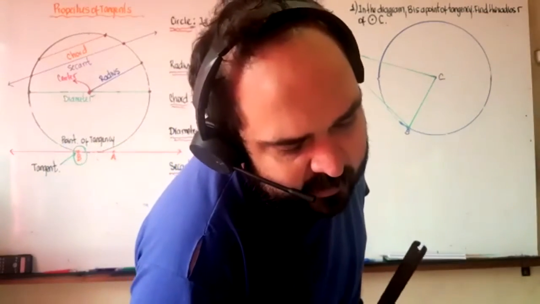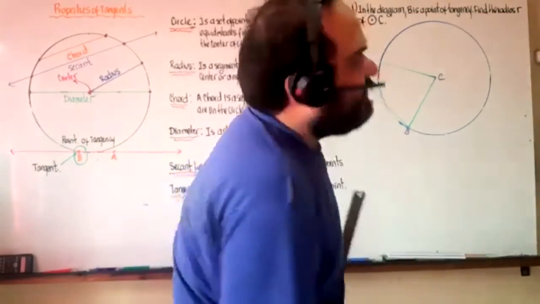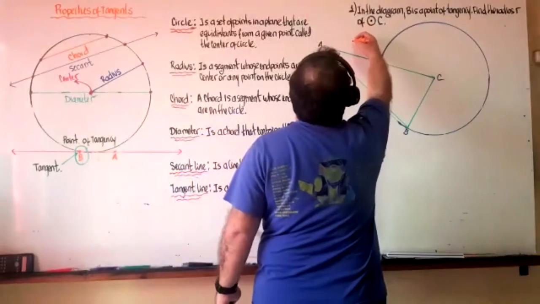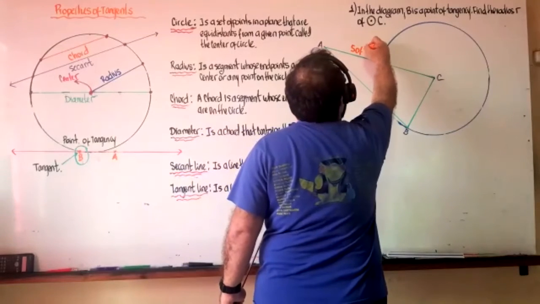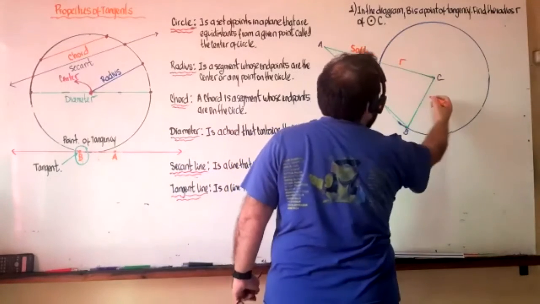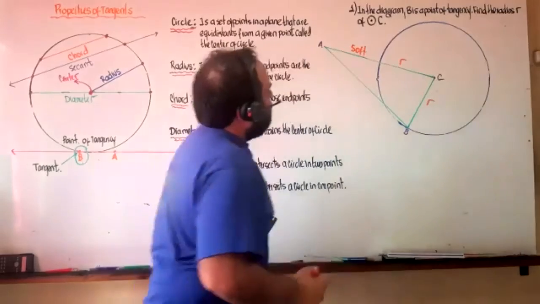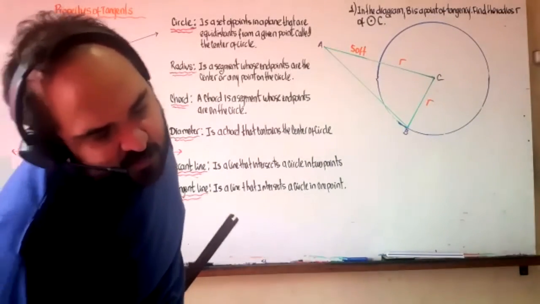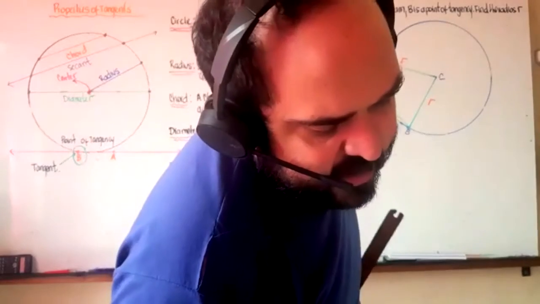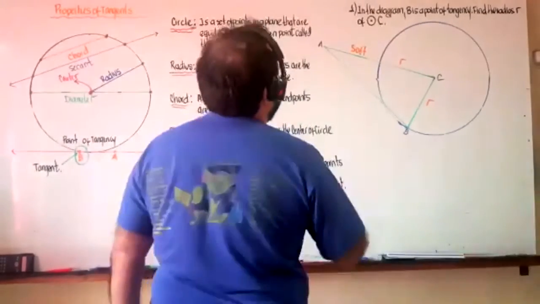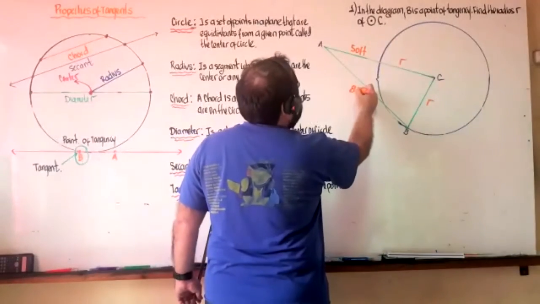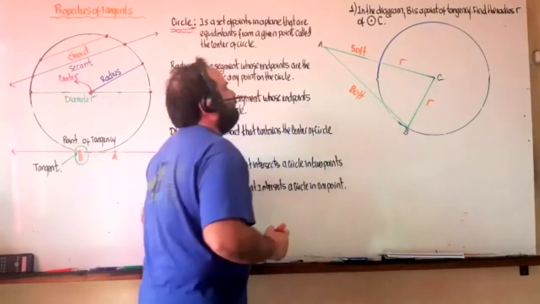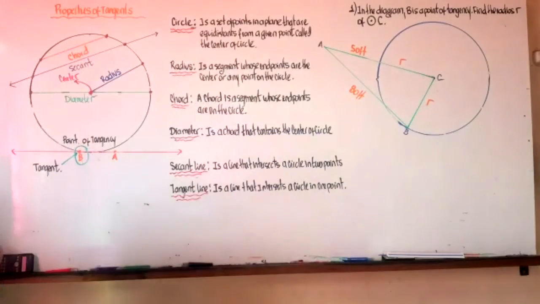The values are 50 feet, we have R, and the distance between A and B will be 80 feet.